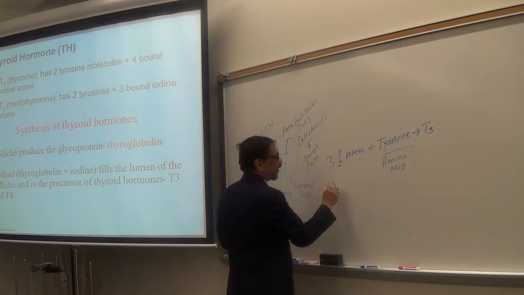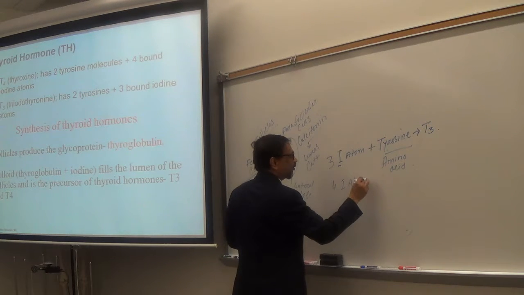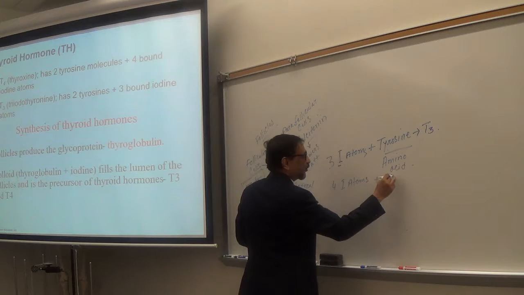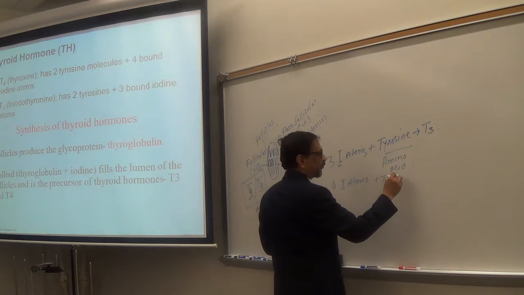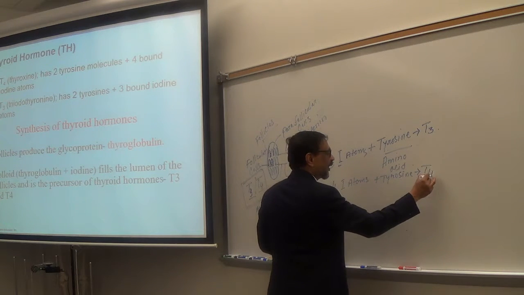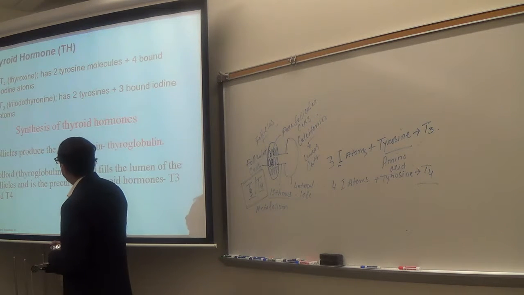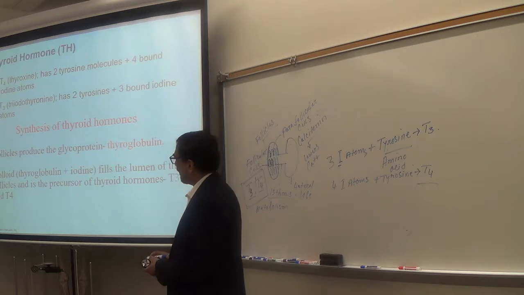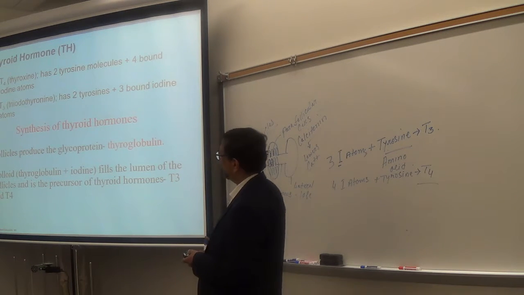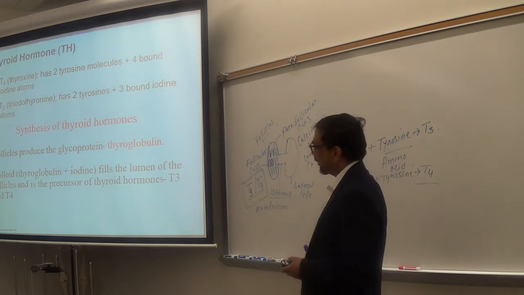When 4 iodine atoms bind with tyrosine, we get T4 or thyroxine. Very simple. That's how iodine works to produce T3 and T4, binding with the amino acid tyrosine.